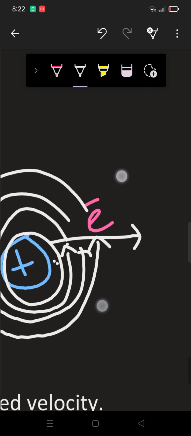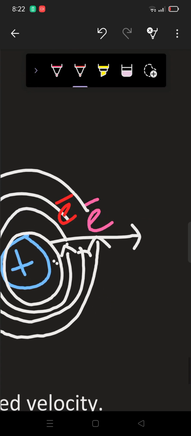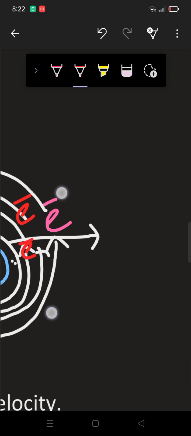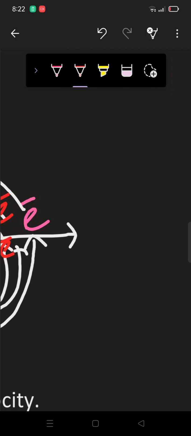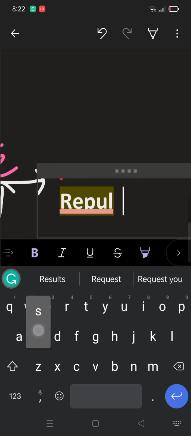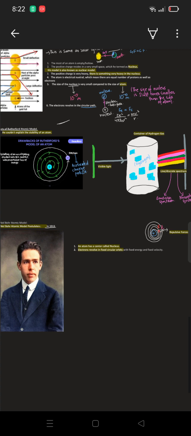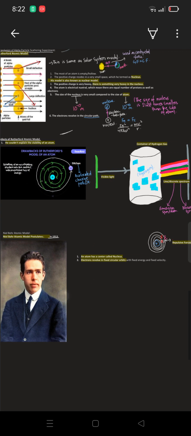If the electron is revolving here too, then there must be repulsive forces, because we know that negative charges do not attract, they repel, right?